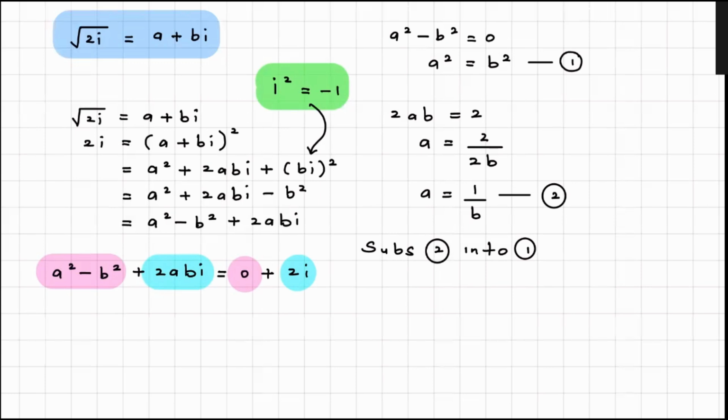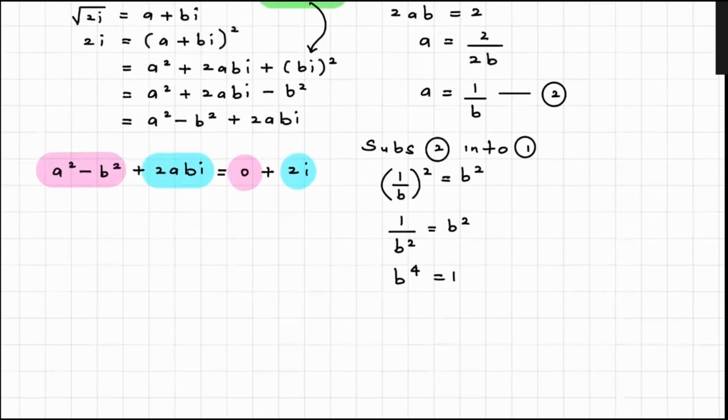That means your a becomes 1 over b. So this one is going to be 1 over b square. So you're going to get b with the power 4 is equals to 1.